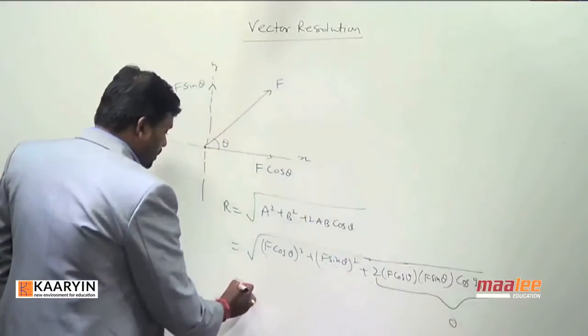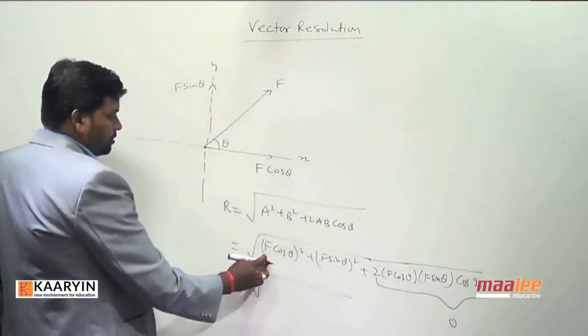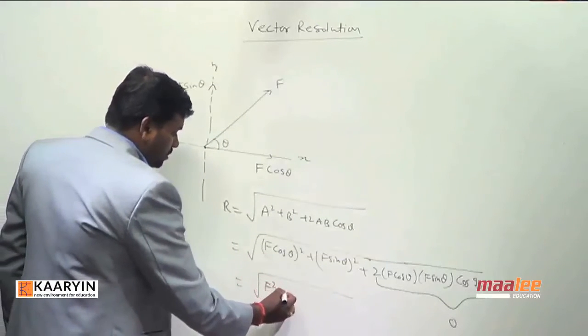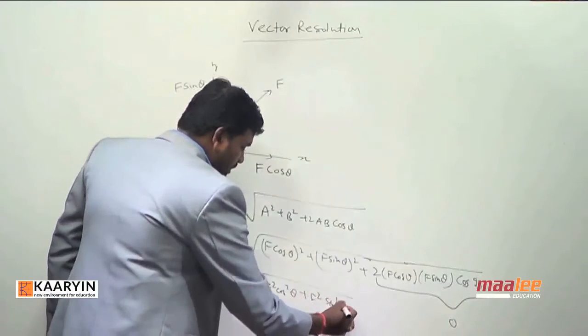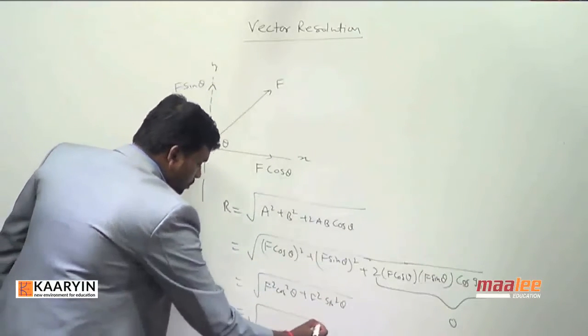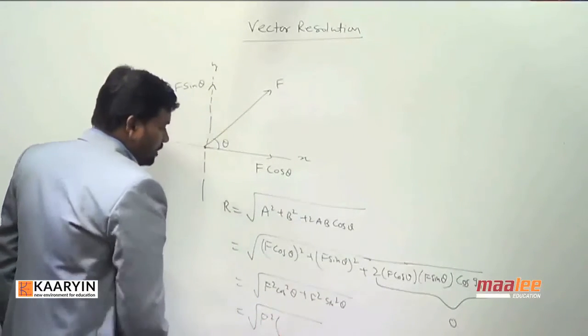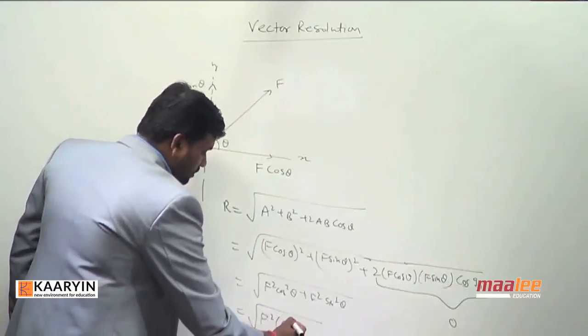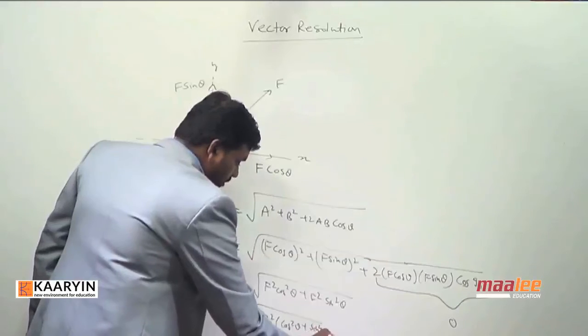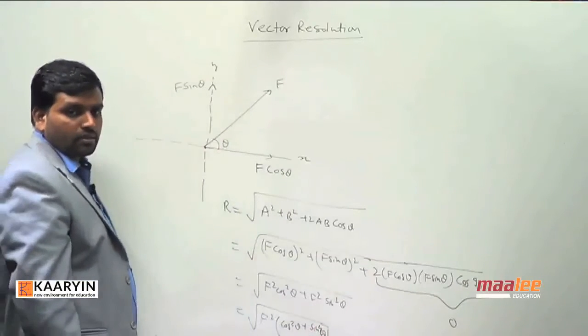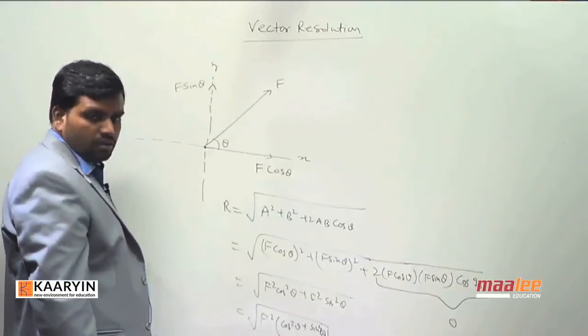So what is remaining? F square cos square theta plus F square sin square theta. F square is common, so what is coming? Cos square theta plus sin square theta. Clear or not this point?